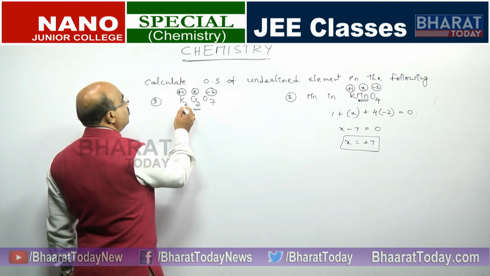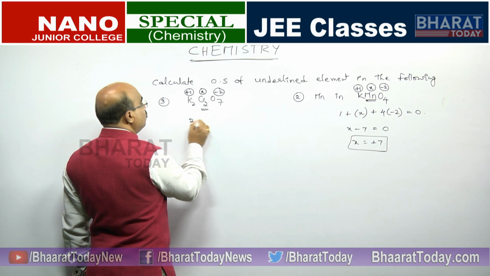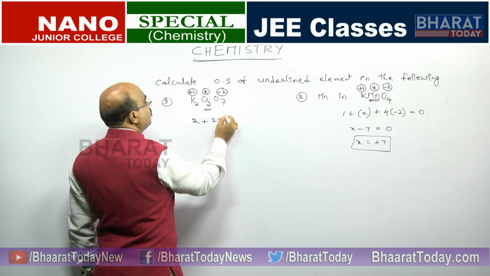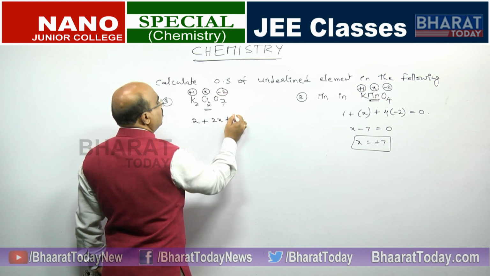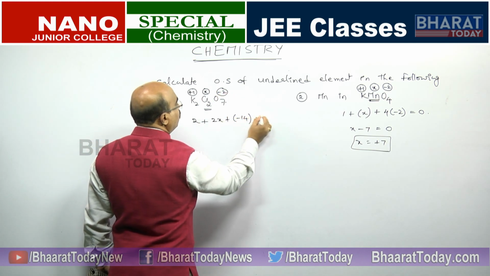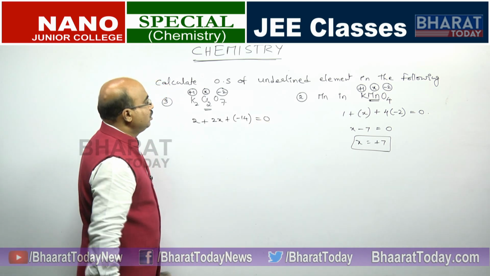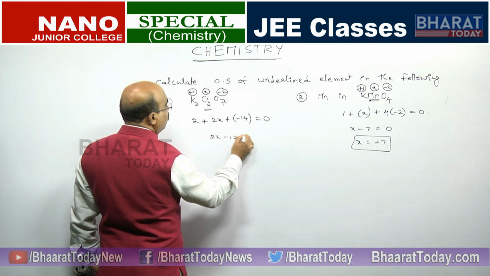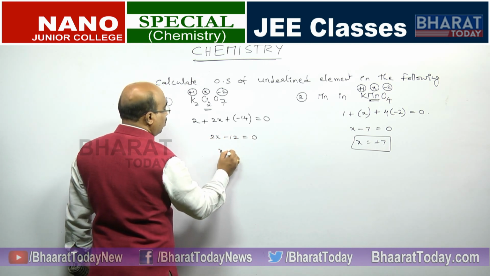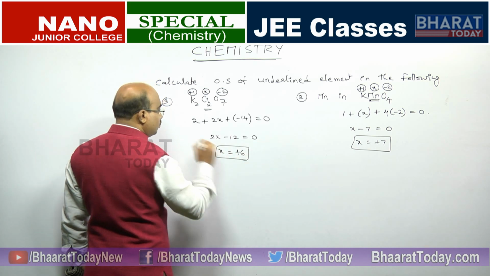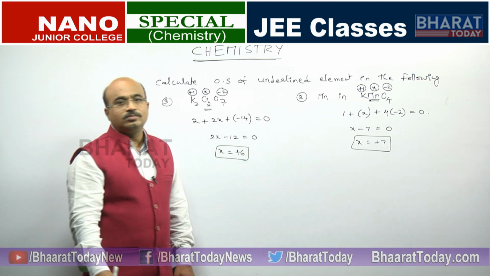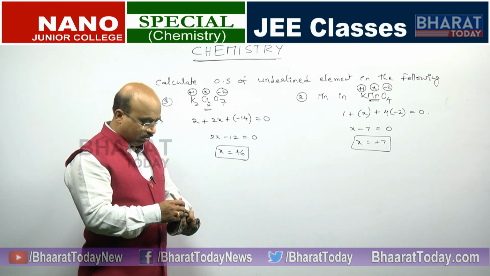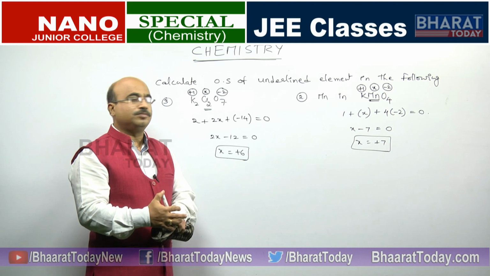So 2 into 1 is 2, plus 2x, plus 7 into minus 2, that is minus 14, is equal to 0. So 2x minus 12 is equal to 0, so x is equal to plus 6. Is it clear? This is how we go on practicing it.